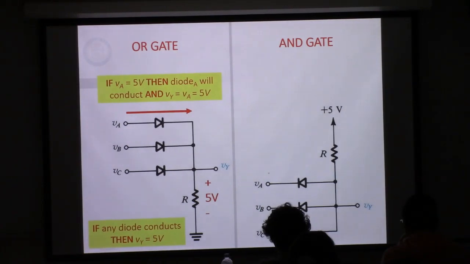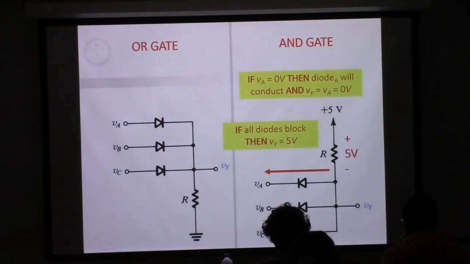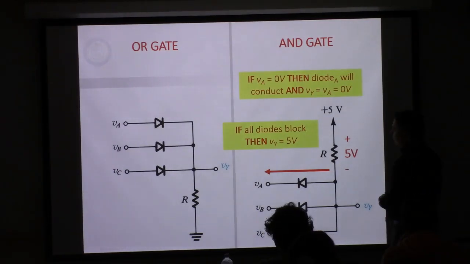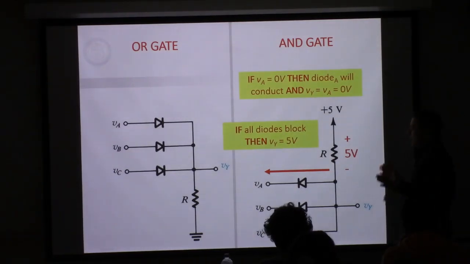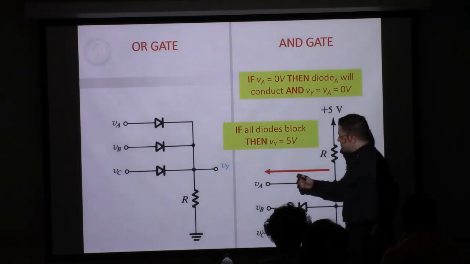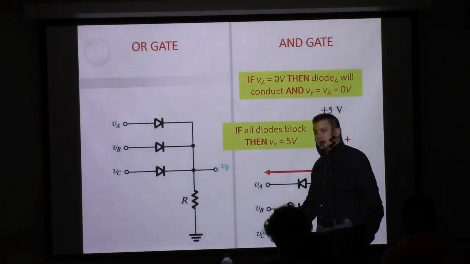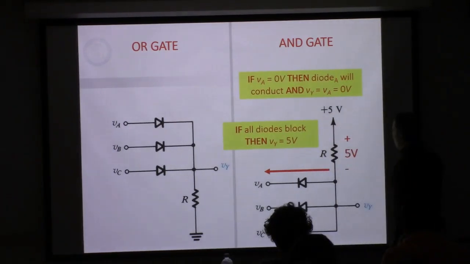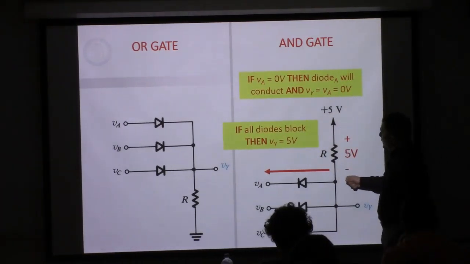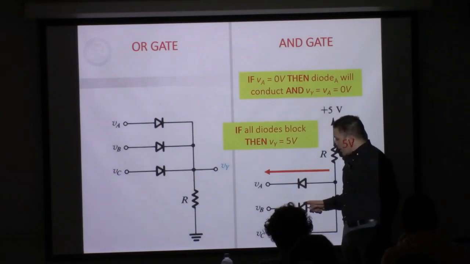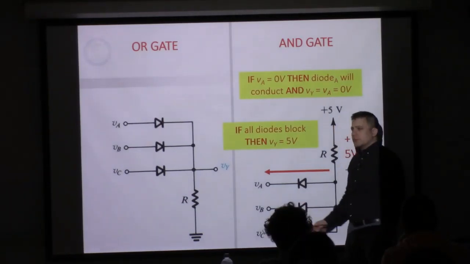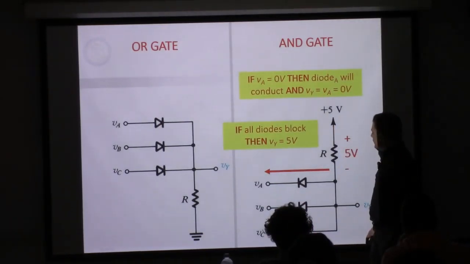Now let's take a look at an AND gate. AND gate's a little bit different. So now let's look at the case where, again, all three are 0. So if this is 0, 0, 0, then we know that these diodes will all conduct, right?